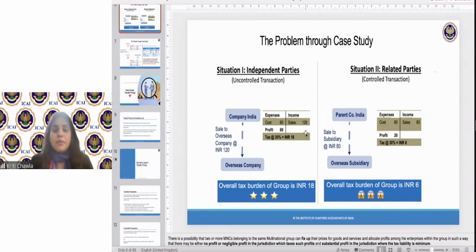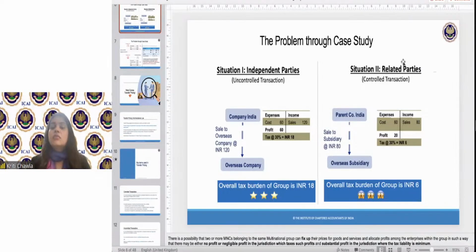It's an open market price at which any independent enterprise would transact. They say, under Article 9, independent parties transact at a price which is determined by commercial and financial relations. This 120 rupees is determined by commercial relations between independent parties.